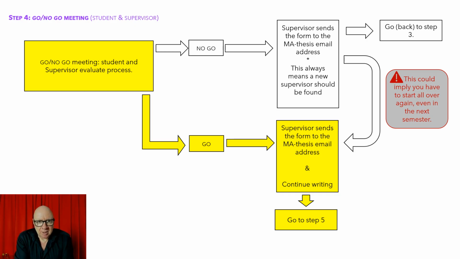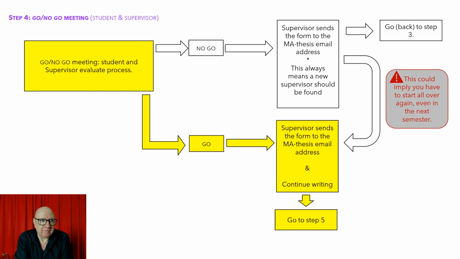The next step is the go, no-go moment. The date is on Canvas. This is at the very beginning of the next semester, that is once you just started writing your thesis. This go, no-go moment is you get the go or a no-go from your supervisor.